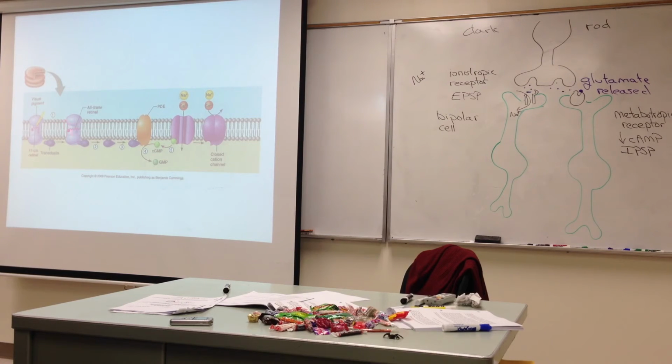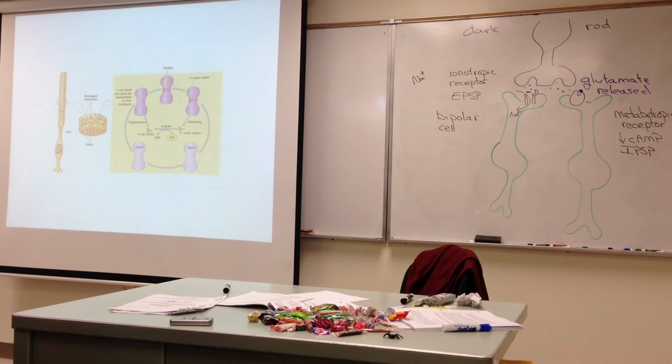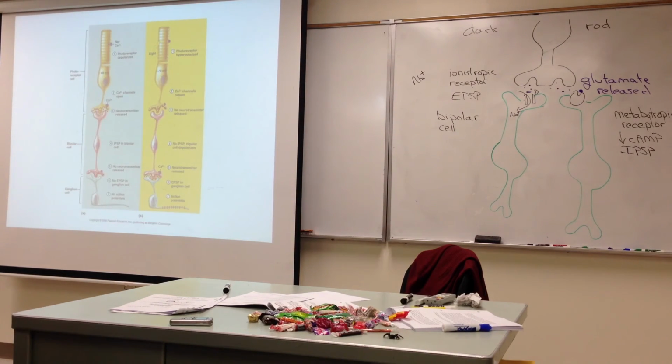Here's the trans. This would be the transducin, which is really just a G protein, activating the phosphodiesterase, changing cyclic GMP back to its non-cyclic form, and closing sodium channels. So it's just what I drew on the board earlier, and these are just showing those illustrations.